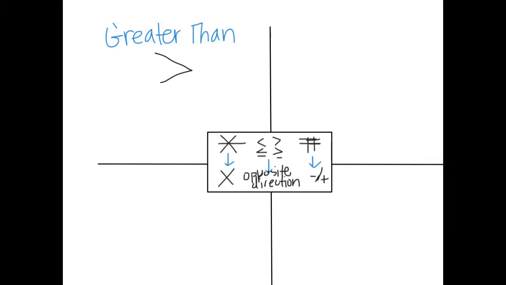And I know it's greater than because the greater or bigger part of the arrow comes first when I read from left to right. So greater than, if we record some examples, looks like x is greater than 5. That means that all the answers that make sense for this would be to the right of 5 on the number line.